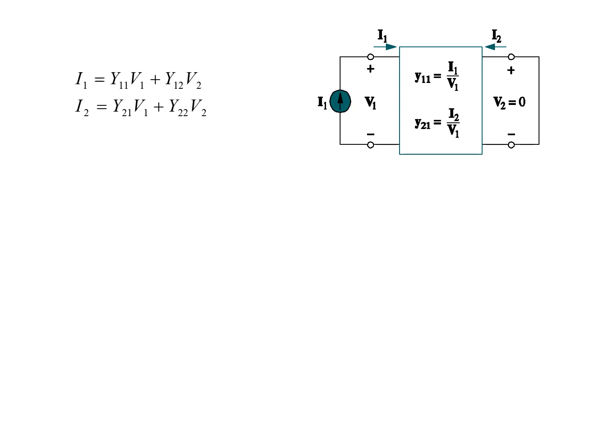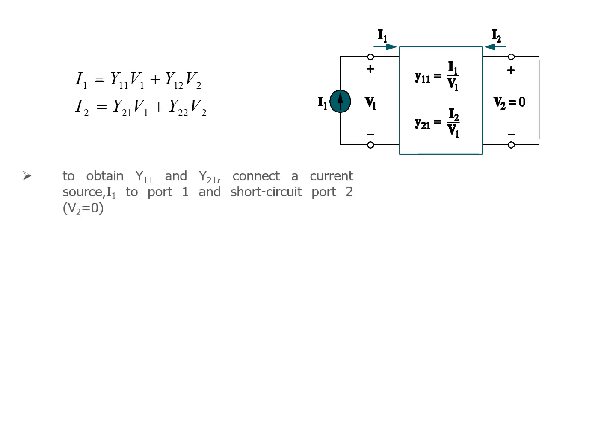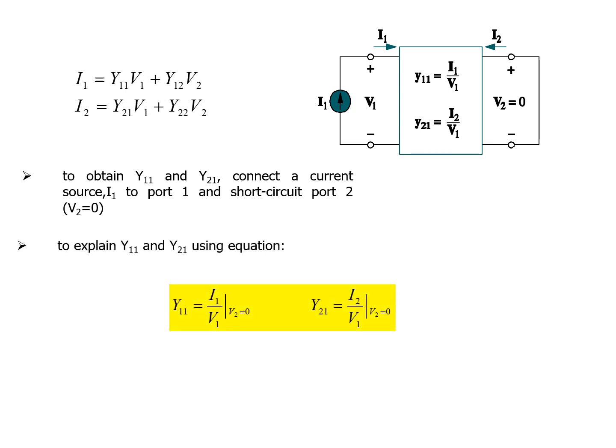Alright, considering I1 and I2, how do we start solving it? We give a current source at port 1, the input port, and for port 2 we short circuit to get V2 of 0, because we want to cancel out the second term in both equations, and thus we have Y11 equals I1 over V1 and Y21 equals I2 over V1.